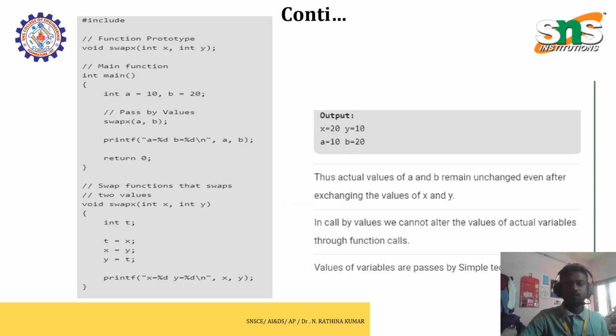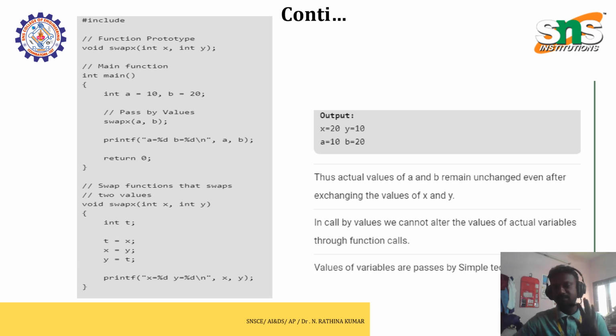So what is meant by call by value? In the call by value method, the values of the actual parameters are copied to the function's formal parameters. The two copies of the parameters are stored in different memory locations, not the same memory location. That is a very important point we need to remember. One is the original copy, another one is the function copy.